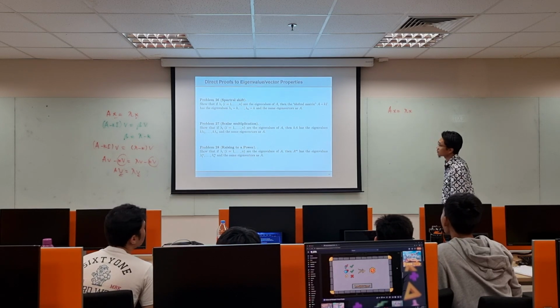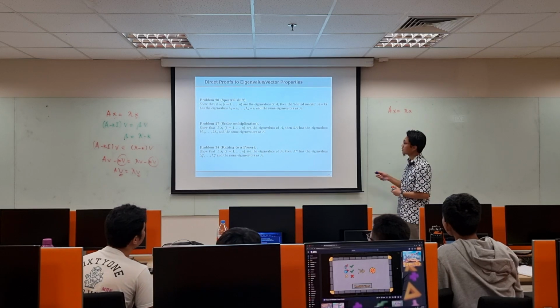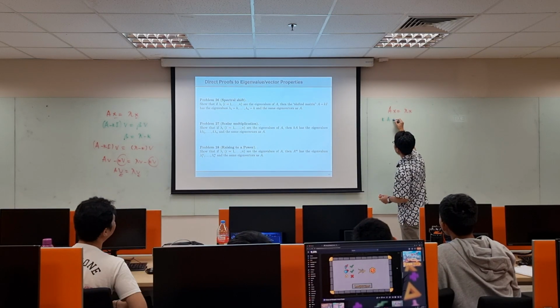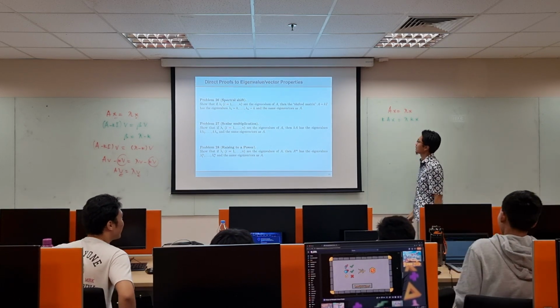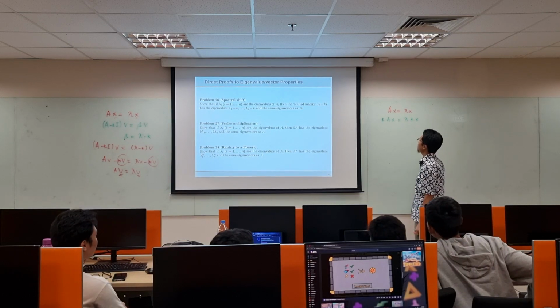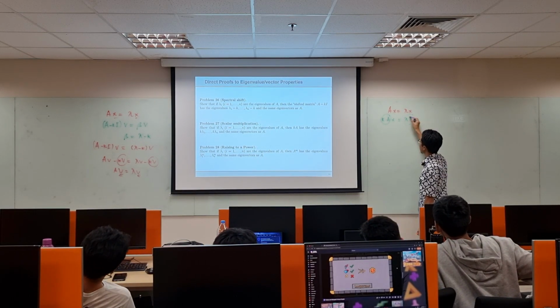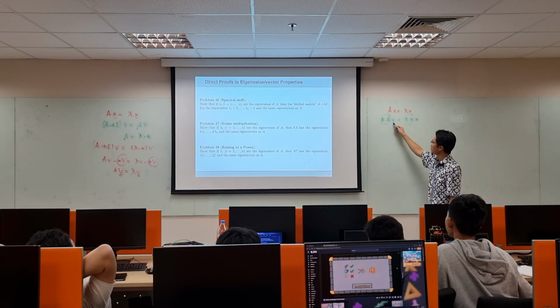We multiply all of them by K, it has to be fair to everything. So in this case, this is the new matrix and this is the new eigenvalue. Same eigenvector.